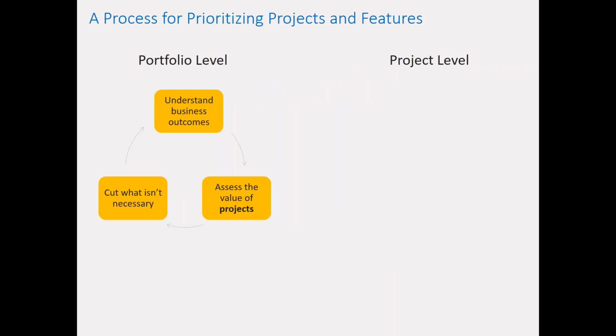One idea is that we can use these business outcomes to focus the scope of work we're doing. First, we use our business outcomes to determine which projects we should even take on. If the value isn't there, cut the project.